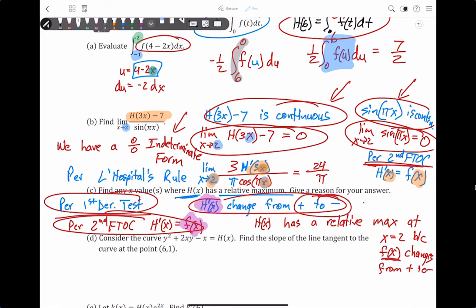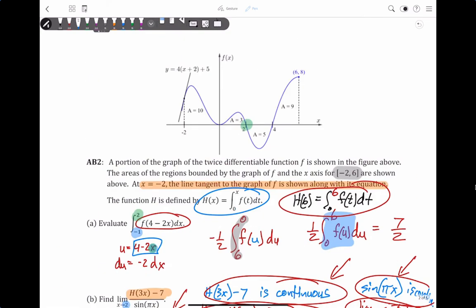Now, the AP exam loves for you to also show all critical points so that you know you're testing all critical points. Okay, so that means the critical points will be when h prime is equal to 0. Well, we know h prime is the same as f of x, so it's the same as when f of x is equal to 0. So the ones that you want to list out is, when is f of x equal to 0? Right here, and right here, which is going to be 0, 2, and 4.